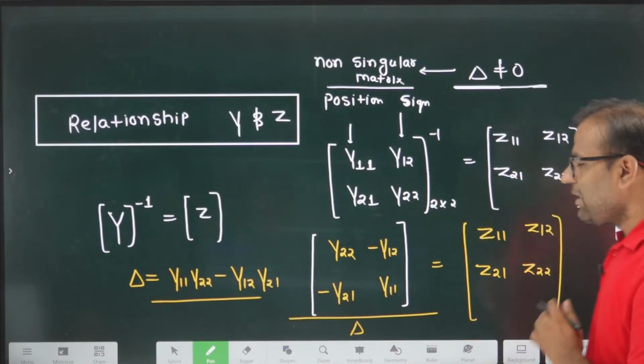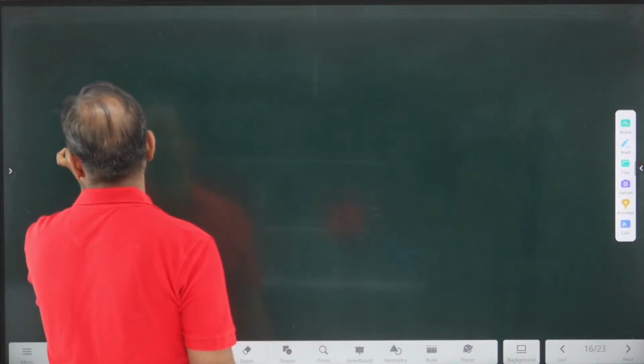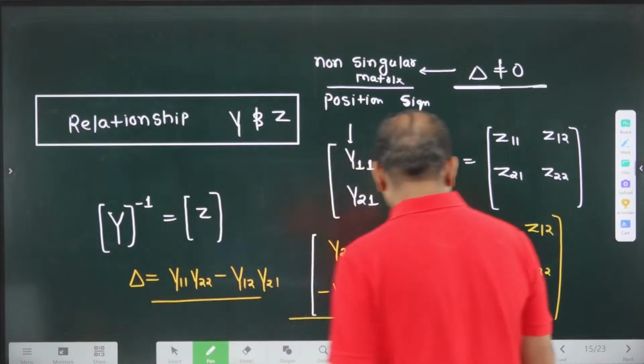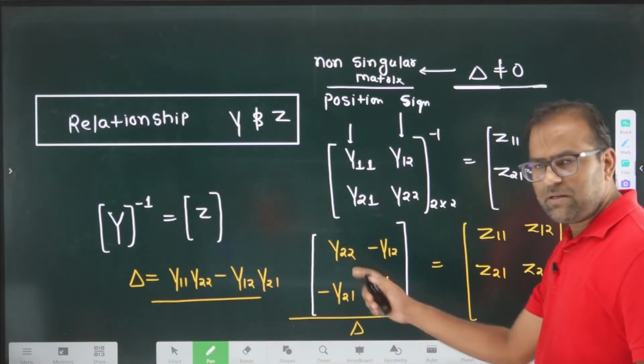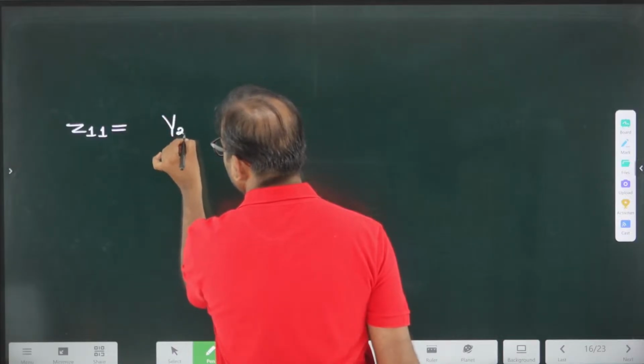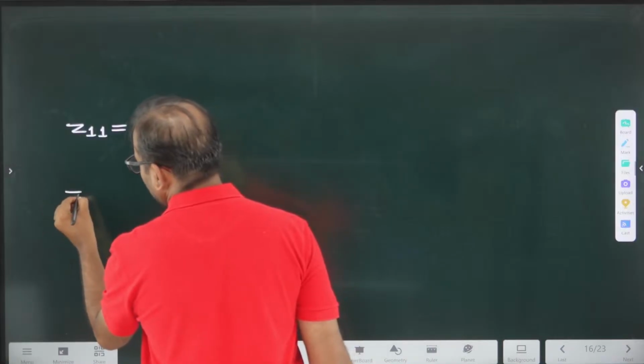So can I say what is Z11? Z11 can be written as, you can compare this element by element, Y22 divided by del. What is the value of Z12?